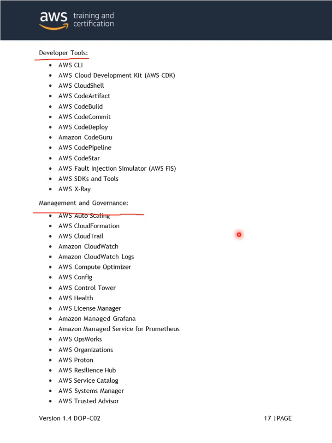CLI. There are different kinds of developer tools: CodeBuild, CodeCommit, CodeDeploy, CodeGuru, CodeStar, Fault Injection Simulator. Management and governance: auto scaling, CloudFormation, CloudTrail, CloudWatch Logs, Config, Control Tower, Managed Service for Prometheus, OpsWorks, Orchestration, Proton, Resilience Hub, Service Catalog, Systems Manager, and Trusted Advisor.